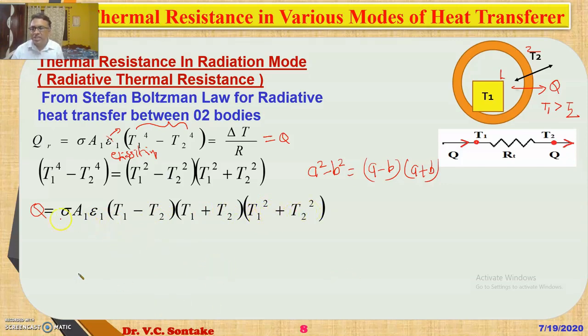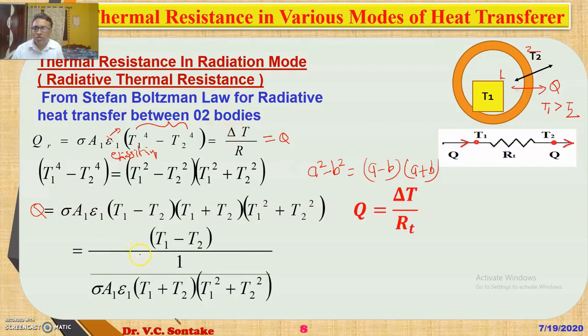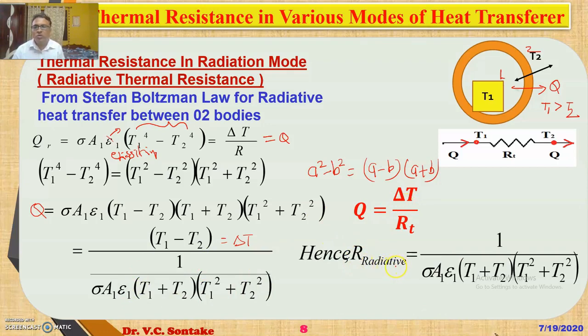Now let us rearrange this heat transfer rate equation in the standard form. It will give me Q is equal to T1 minus T2, that is the temperature difference, over this entire quantity. Now when I compare this equation with the standard equation, I have the expression for radiative thermal resistance given by 1 over sigma A1 epsilon into T1 plus T2 into T1 square plus T2 square.